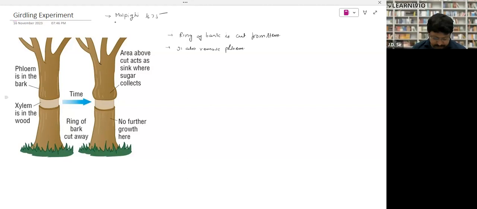Nutrient gets collected above the ring, where the bark also swells up and may give rise to adventitious root. Full stop.